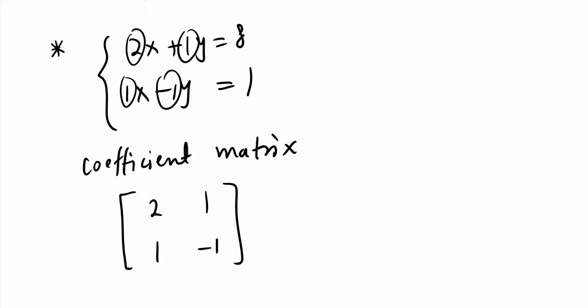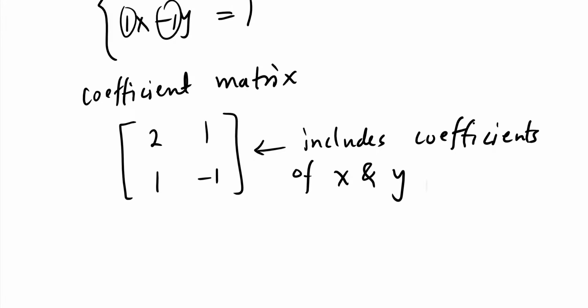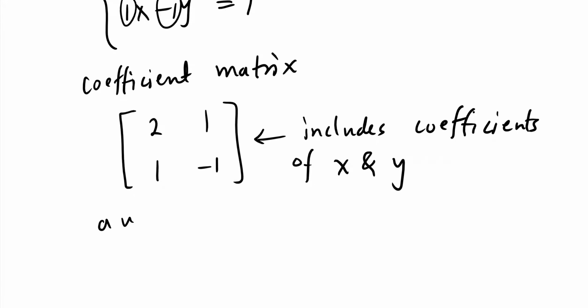This is called the coefficient matrix. It includes the coefficients of x and y. Now we have another matrix called the augmented matrix.